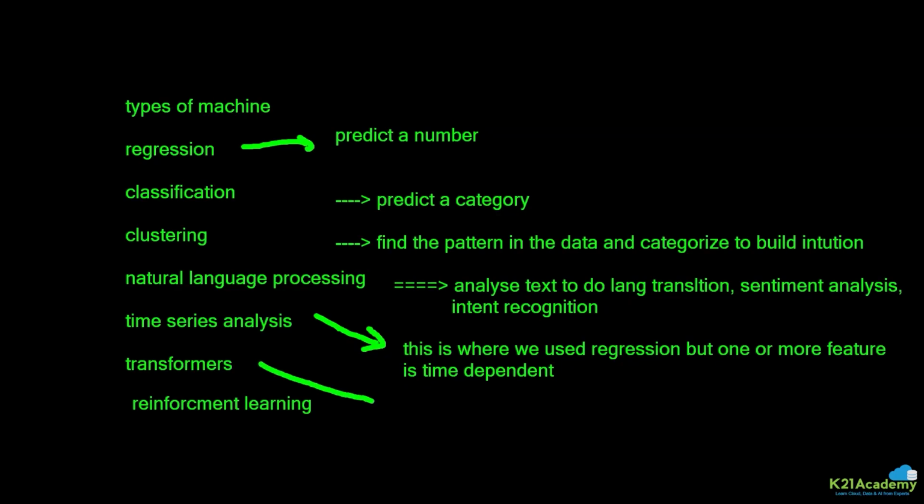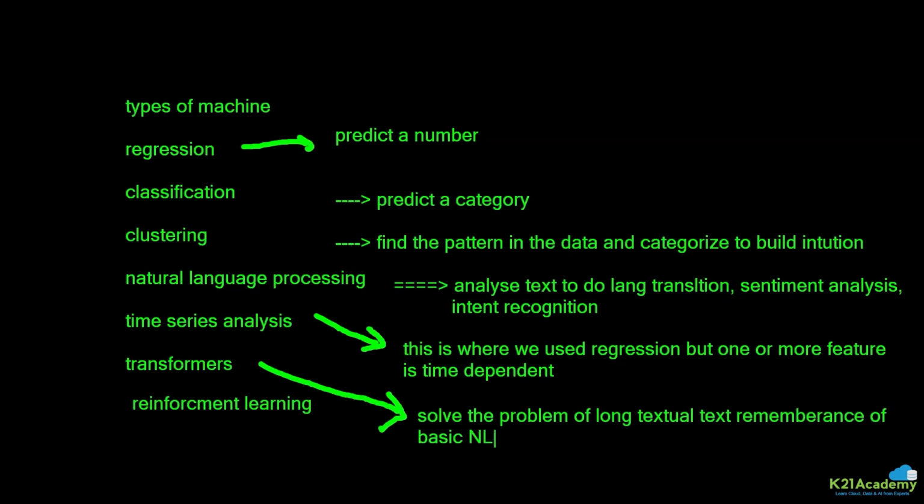Then there is also something called transformer. Transformer was able to solve the problem of long contextual text. With long contextual text, basic NLP algorithms tended to forget the context.